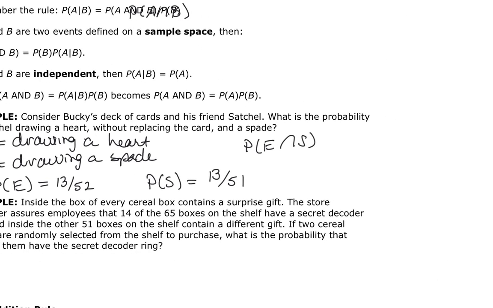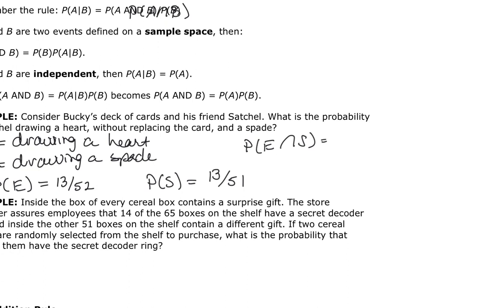They are not quite independent because I have reduced the number of cards, but drawing a heart does not affect drawing a spade, and vice versa necessarily, because you haven't reduced the number of hearts or the number of spades in the deck. You just reduce the number of cards.